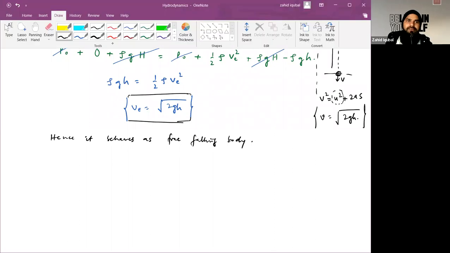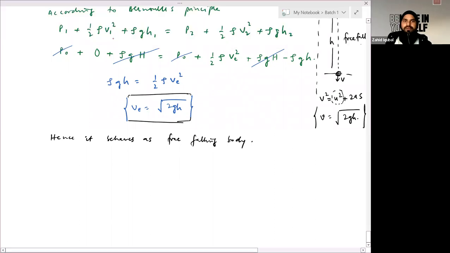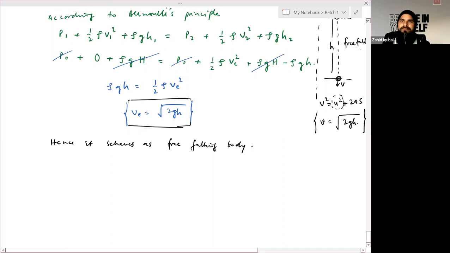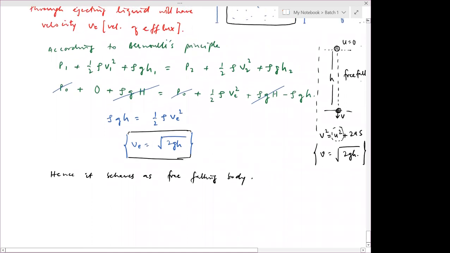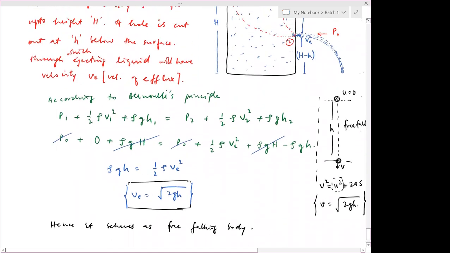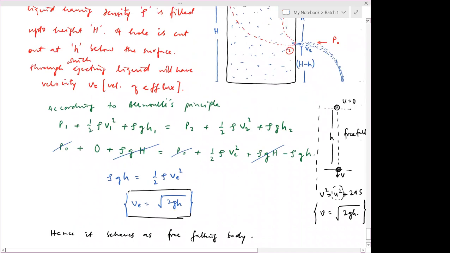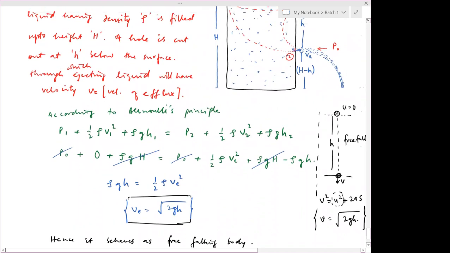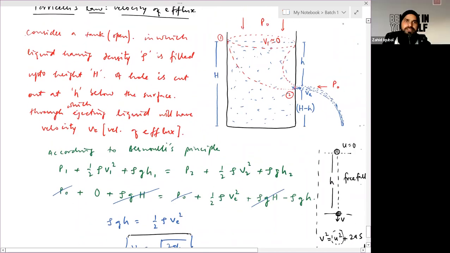So it will attain the same velocity as attained by a falling particle under the effect of gravity. Hiba, any doubt? No, sir. Okay, just write it down.